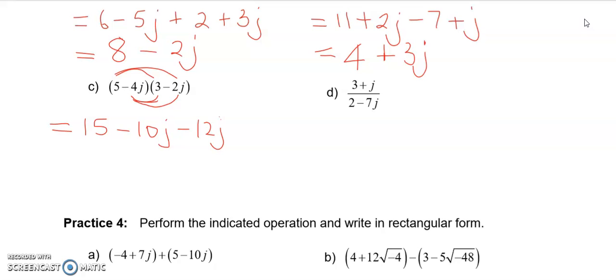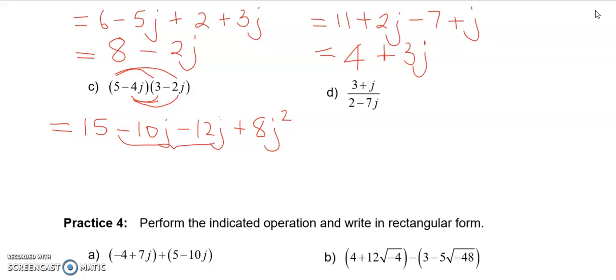The last multiplication you're going to do is a negative multiplied by a negative, so that's a positive something. And 4j times 2j is 8j squared. Now, if this was just two regular binomials involving x's, of course, you'd leave the 8x squared as it is. Not so for imaginary numbers.